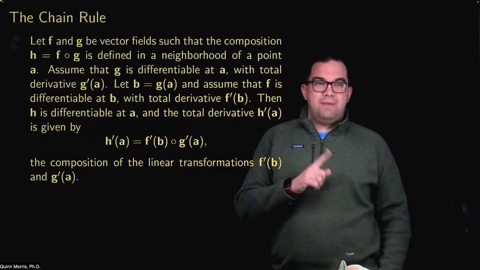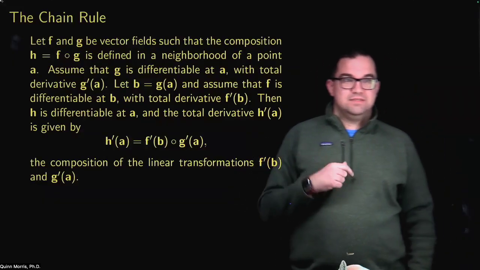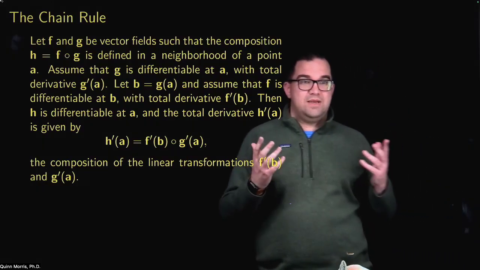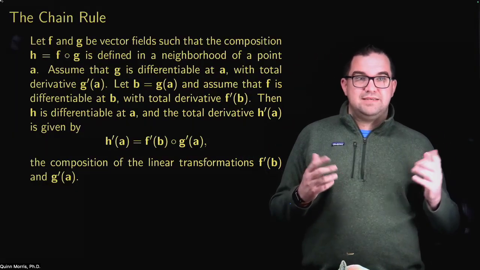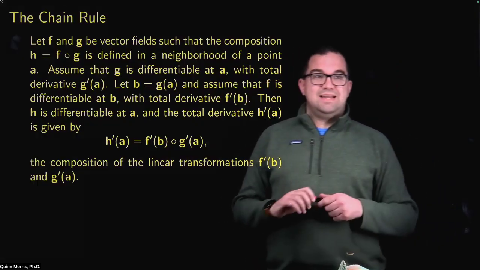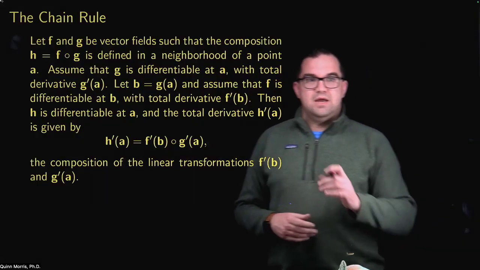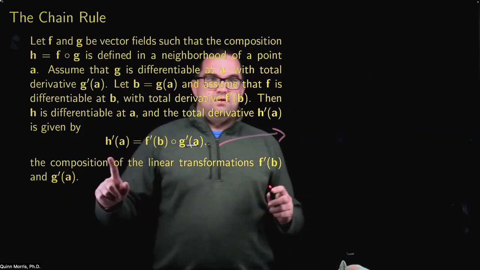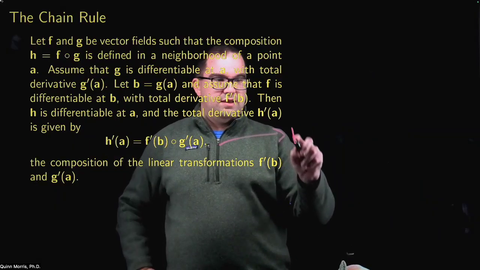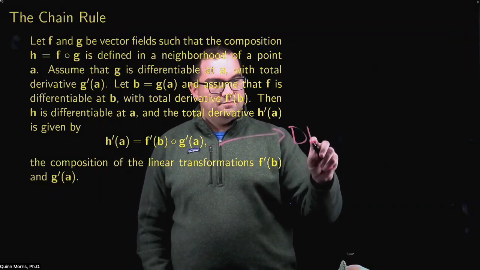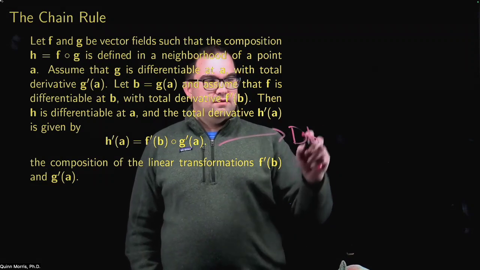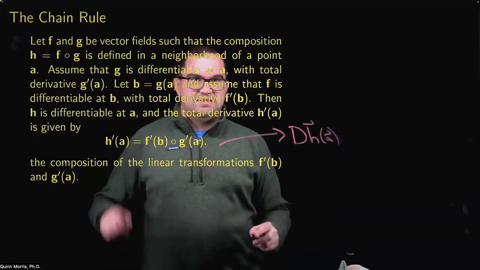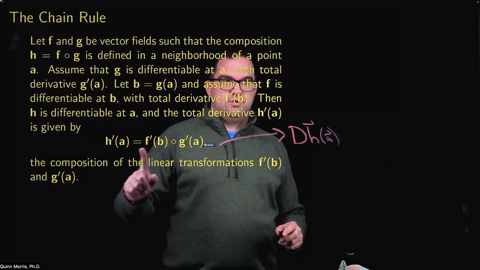Now remember, back to the Jacobian business, because we're dealing with vector fields here, and because these are all linear transformations between finite dimensional spaces, we can represent each of these by a matrix. And so this total derivative can be represented by the Jacobian of H at A. This has some matrix representation.